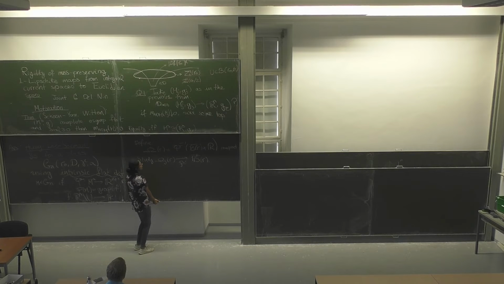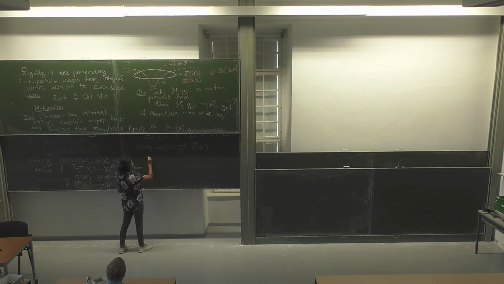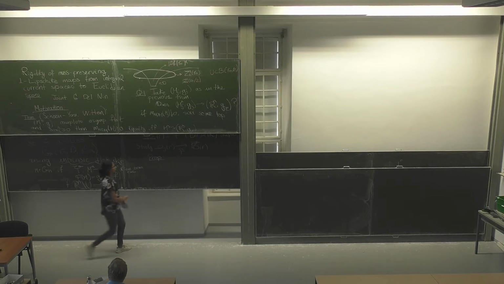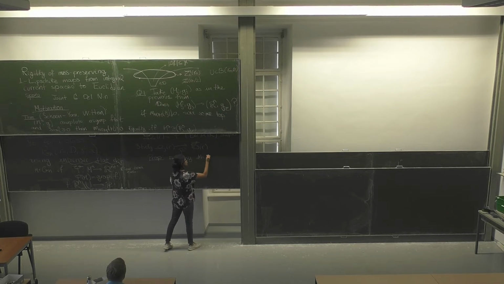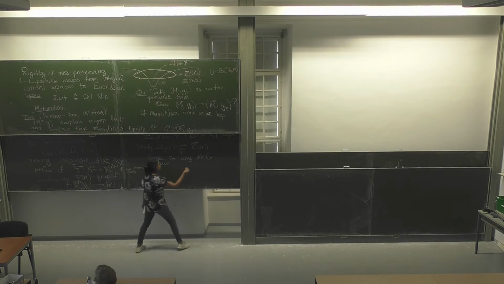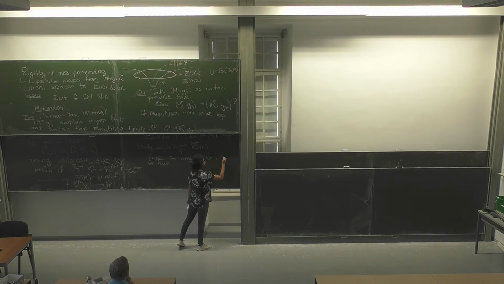So what they did is the following. They have a proposition, and they show that for manifolds in this class, I'm not going to write the parameters we have. Actually, let me write a sequence, and let's write that the ADM mass is going to 0.